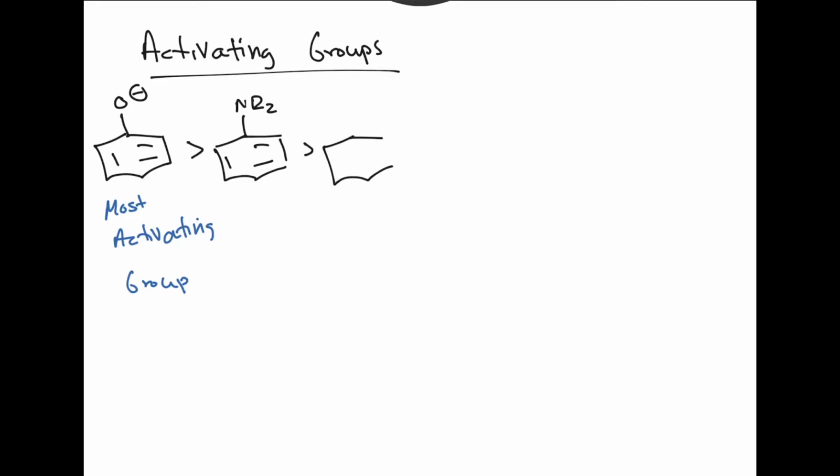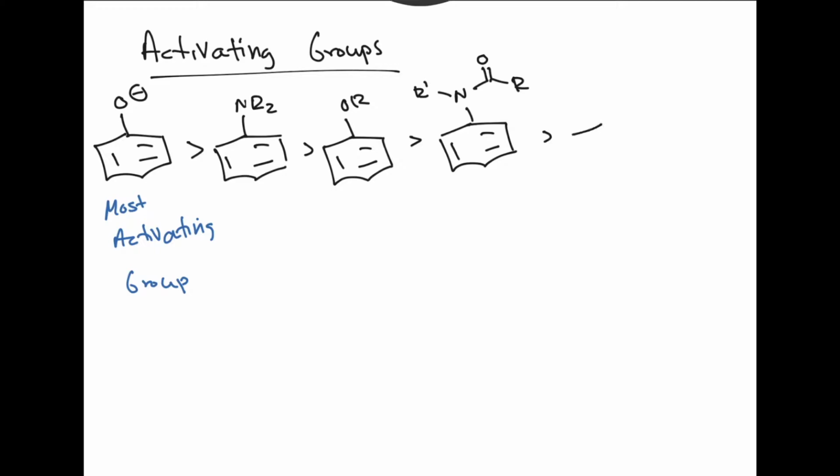Then ethers. Then you have amides. For these amides, the nitrogen is bonded to the aromatic ring, but there's an electron withdrawing group, a carbonyl bonded to that nitrogen. So it's not as activating as the aniline because the lone pairs are involved in resonance with that carbonyl.